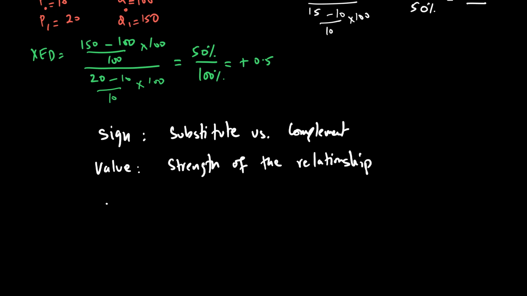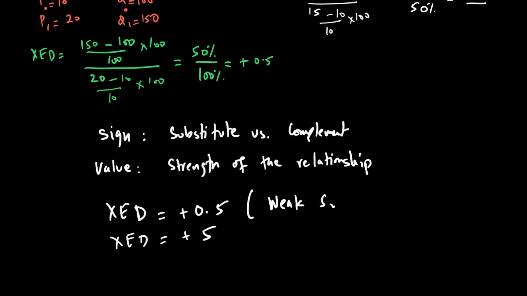For example, if I tell you that XED is a positive 0.5 versus XED is positive 5. 0.5 means it's not a strong relationship, and because it's positive, I'll say it's a weak substitute. On the other hand, if I have a value of XED of plus 5, I'm going to call it a strong substitute. So the higher the value of XED, the stronger the relationship. The lower the value, the weaker the relationship.